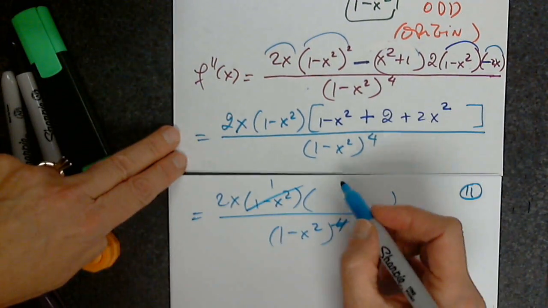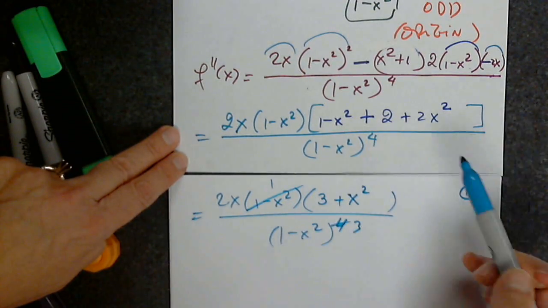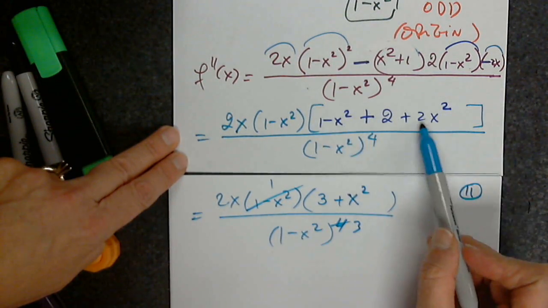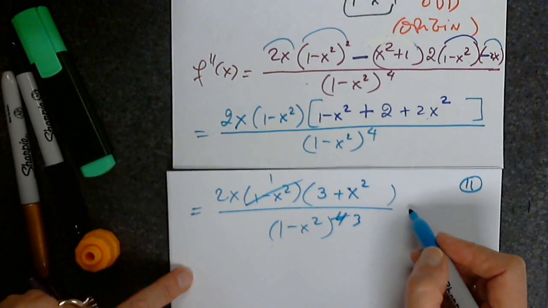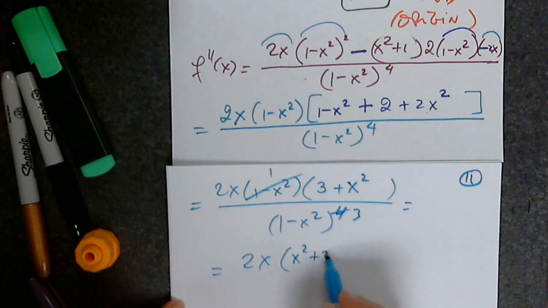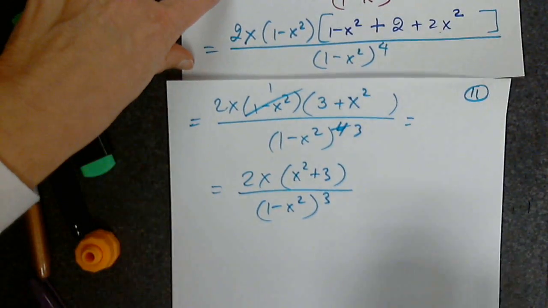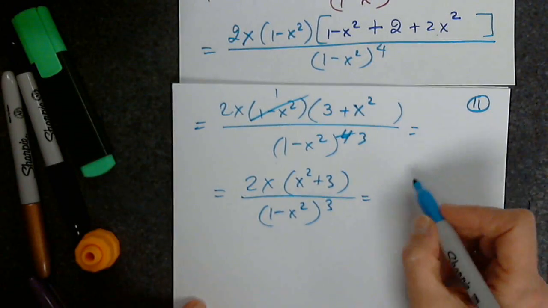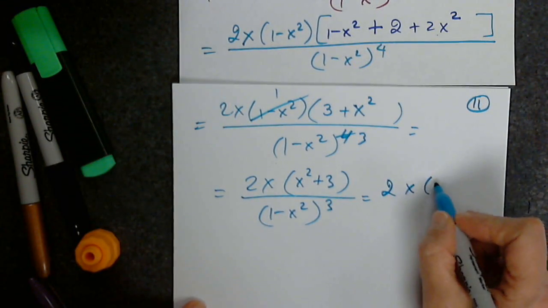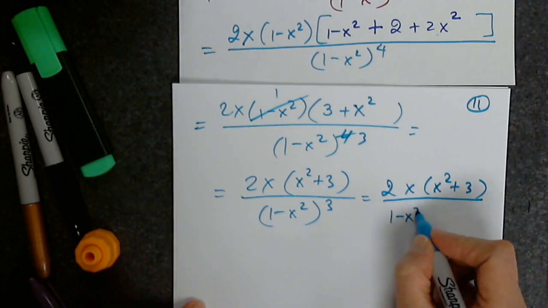Okay, so then 3 minus, so plus x squared. So I have a 3 and I have plus x squared. Good, excellent. So the simplified form is 2x times x squared plus 3, over 1 minus x squared cubed. Now, I would do this, and you'll tell me why I'm doing it.